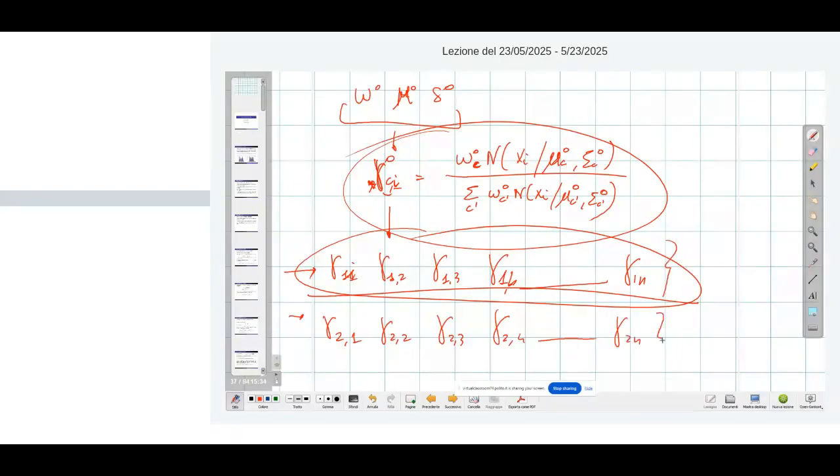So I will use all the samples to estimate mean and covariance of each component. How? Using the corresponding weights estimated for that component. So for component 1, mu_1 will be the sum of gamma_1i x_i divided by the sum of gamma_1i. For component 2, the mean will be the same, but this time with the weights that I estimated for the second component.